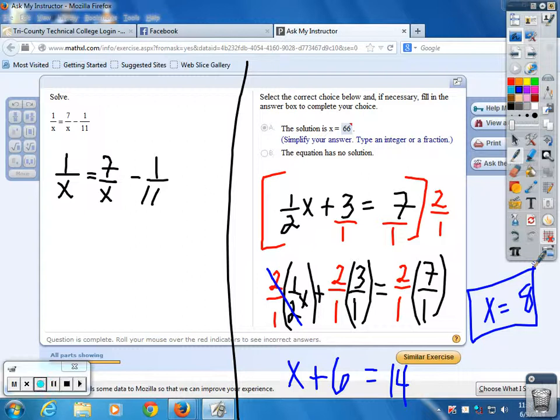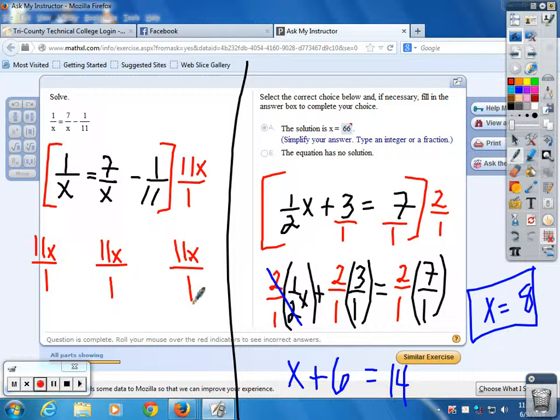What is the common denominator of x and 11? So multiply through by 11x over 1. 11x over 1, 11x over 1, 11x over 1.